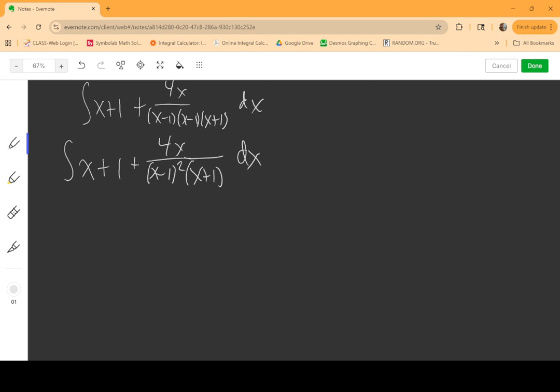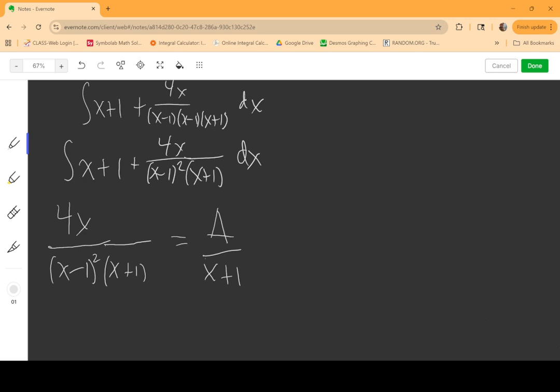Okay. All right. So that's what this would look like. So we have 4x, and we have x minus 1 squared, x plus 1. All right. And here, I'll do the non-repeating one, so I can just write that as a over x plus 1.